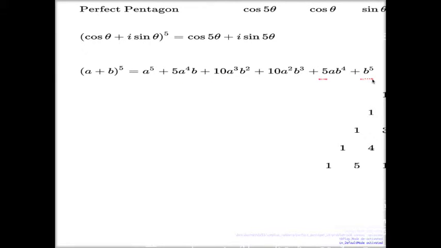It's a very powerful, very quick way to find the expansions for any binomial of any order, in fact. All you need to do is build this Pascal triangle to a certain level.